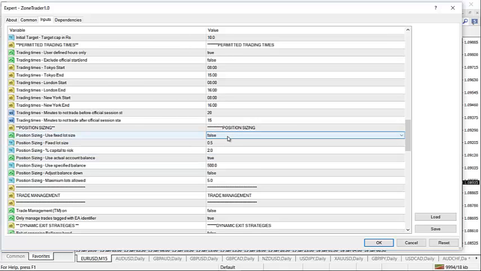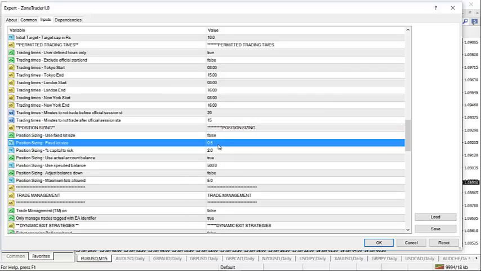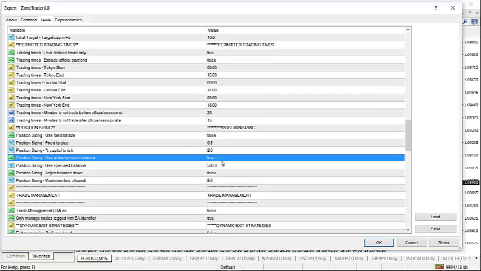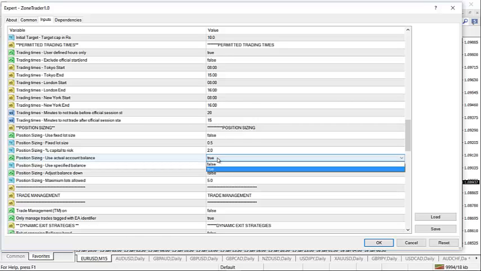If it's set to false, then it goes back to position sizing based on how much capital you want to risk, and you can set that value in this parameter, percentage capital to risk, which at the moment defaults to 2%. Now that 2% can be based on the actual account balance at the time the trade is placed, which is the default value, which is why it says true, or it can be based on a fixed amount.